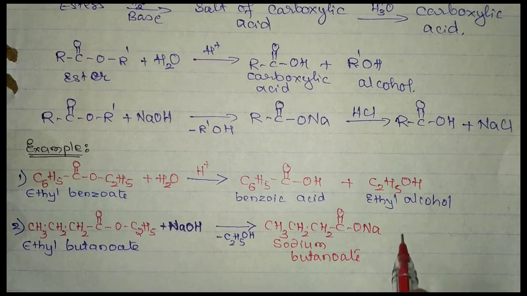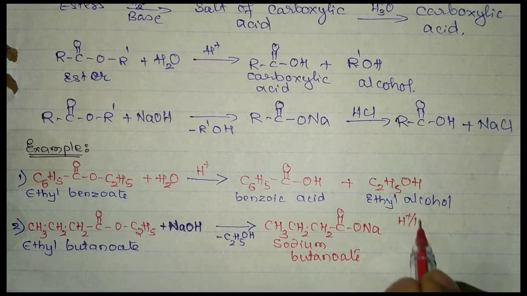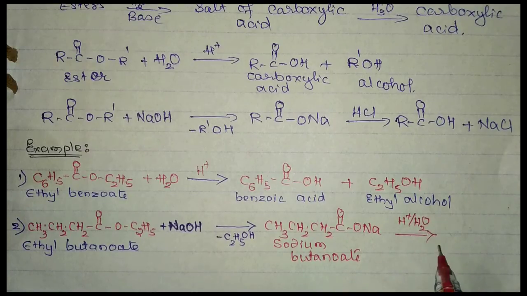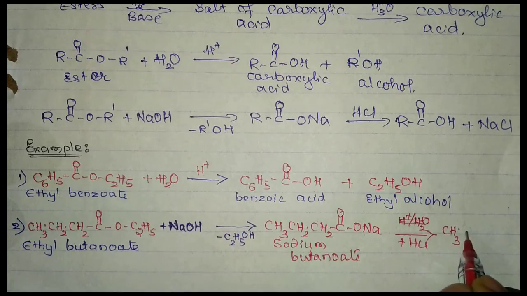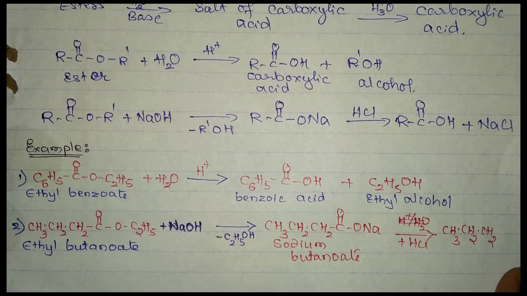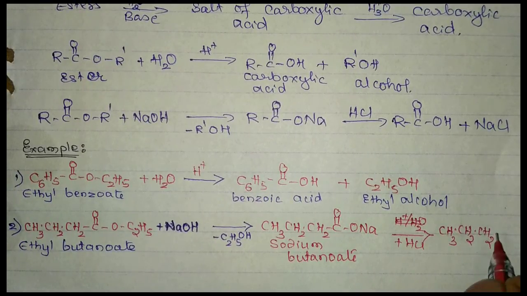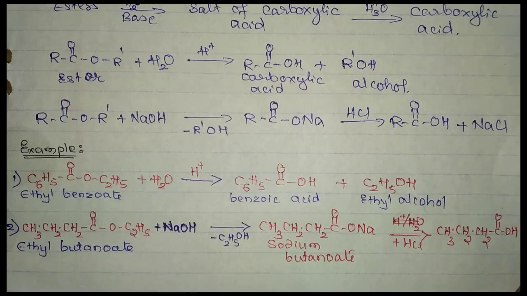Sodium butanoate, on acid hydrolysis, that is acidification with HCl, gives butanoic acid, CH3CH2CH2COOH. This is butanoic acid.